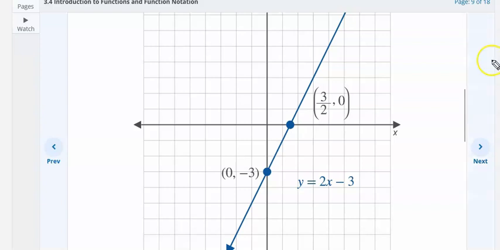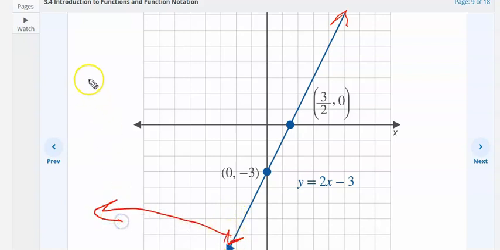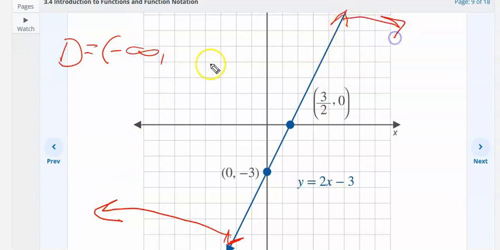Now we plotted some points, but remember the lines extend to infinity in both directions. So this line eventually would go off in this direction. This would be our domain, our x values, to -infinity. And this line off in this direction to +infinity.